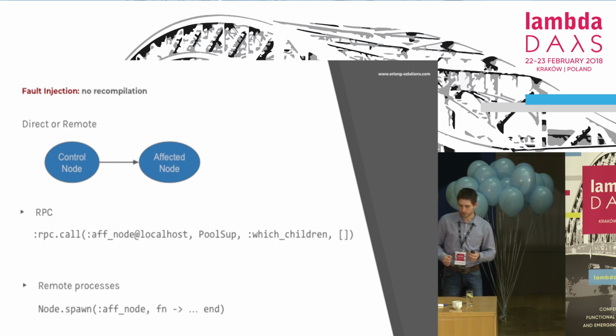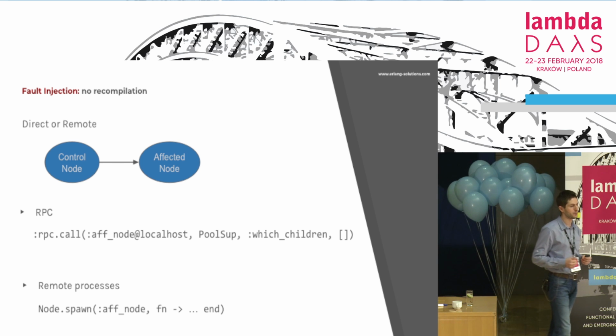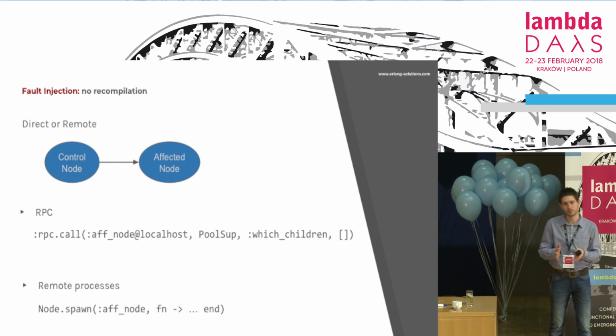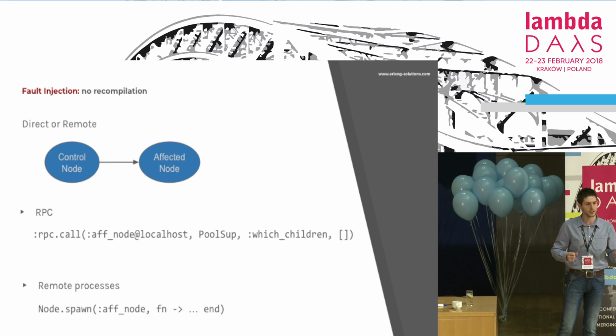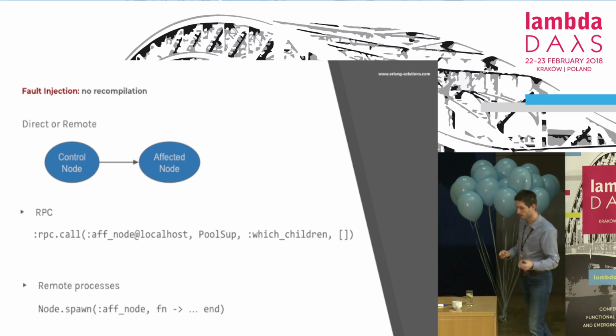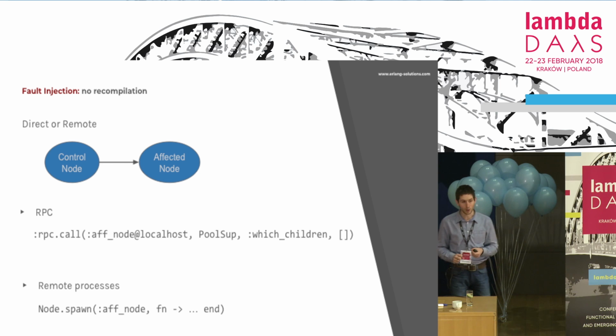And this brings us to the last part of this presentation, which discusses how we attempt to automate this whole process. Because in the first place, we were applying these faults manually by logging into the shell and typing them in, or let's say in a semi-automated way. And we made an attempt to automate the process.